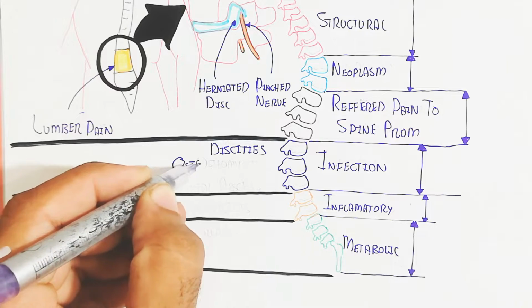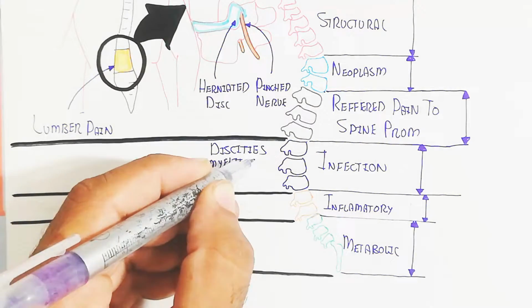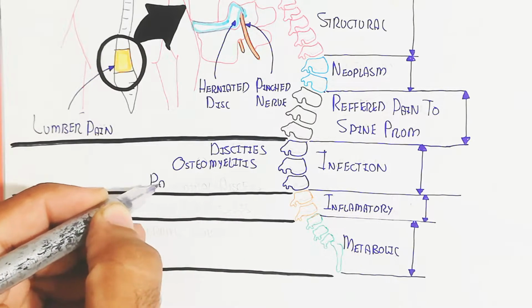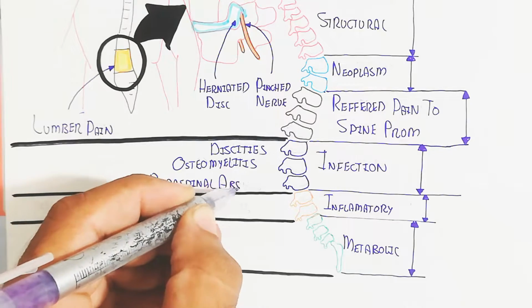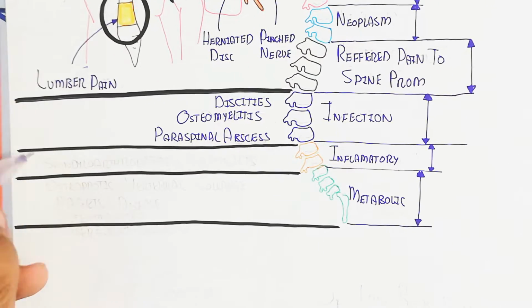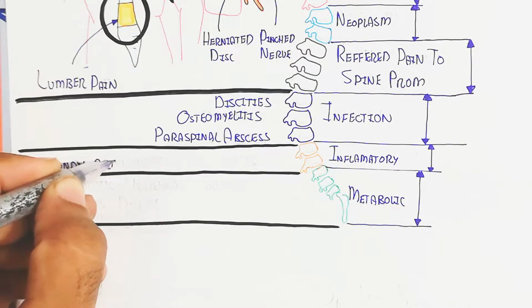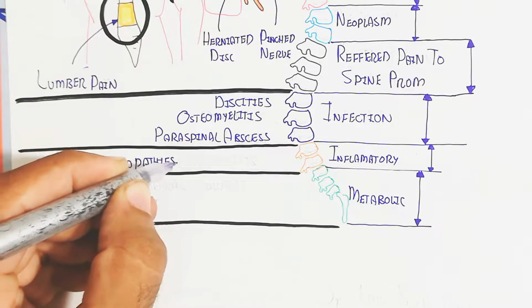But in this video we will discuss infection, which leads to discitis, osteomyelitis, and paraspinal abscesses.